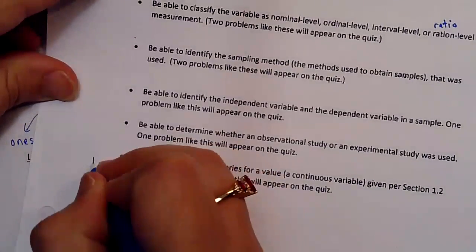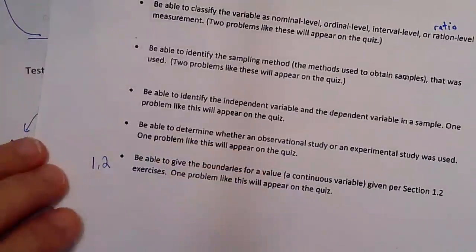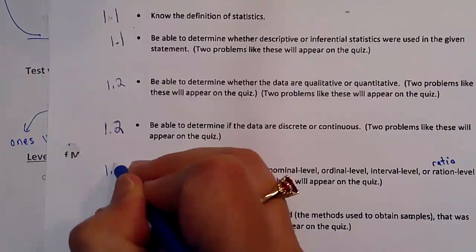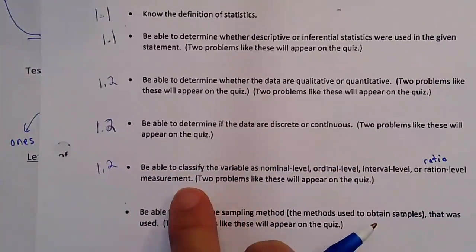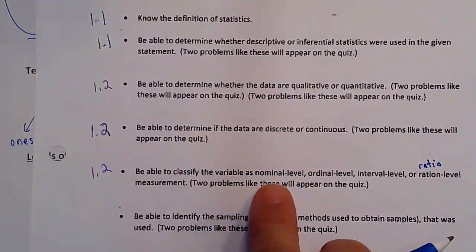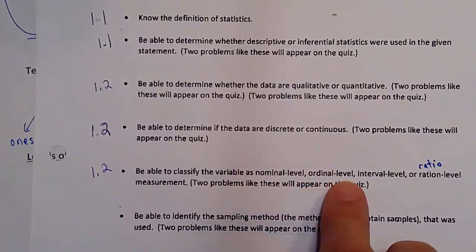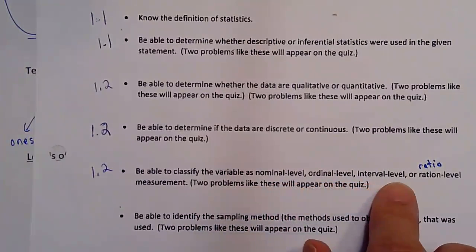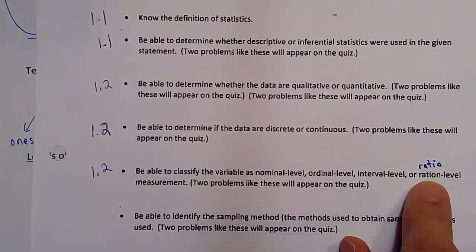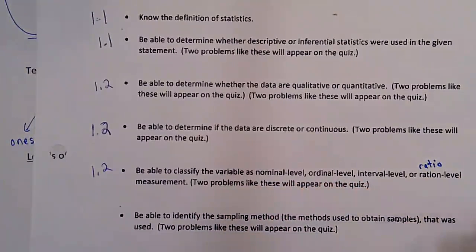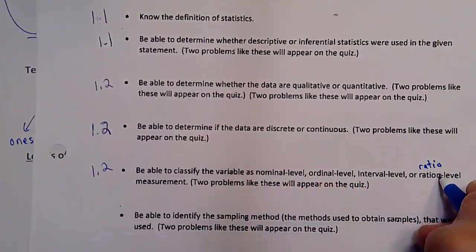That was 1.2. And now this is 1.2. We're going to be able to classify the variable as either nominal level, ordinal level, interval level, or ratio level measurement. Okay, so leave that in.